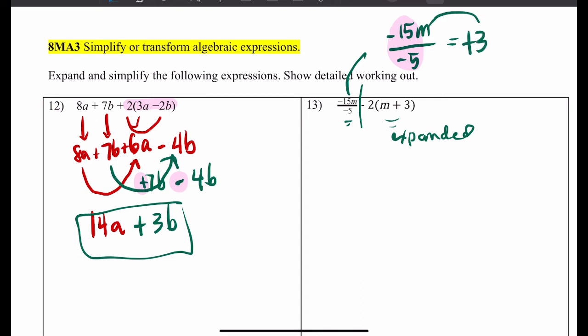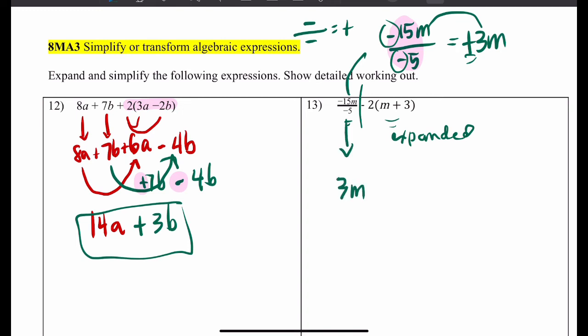And then take the m. Remember, negative divided by negative gives you a positive. Every time the sign is the same, your answer will always be positive. Please remember that. That's basic number. Okay? So this becomes 3m.